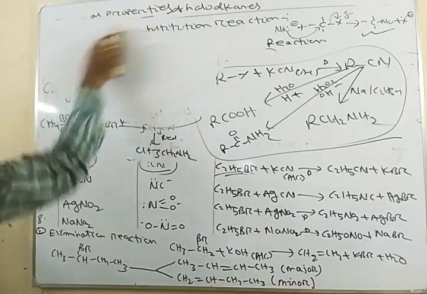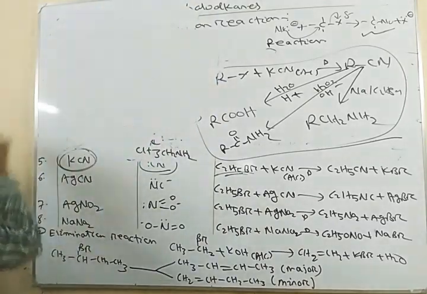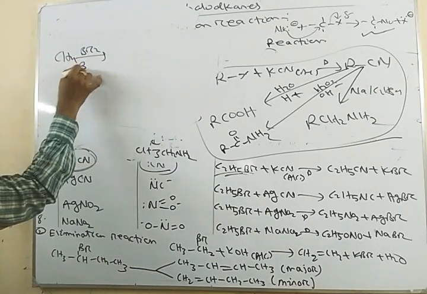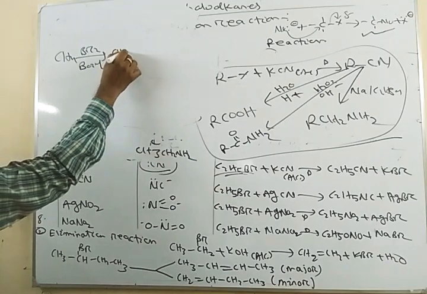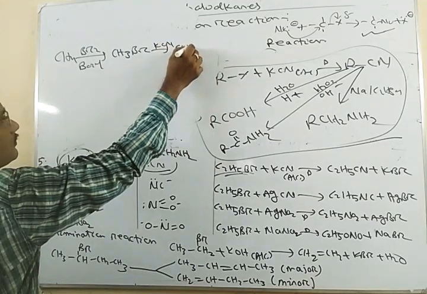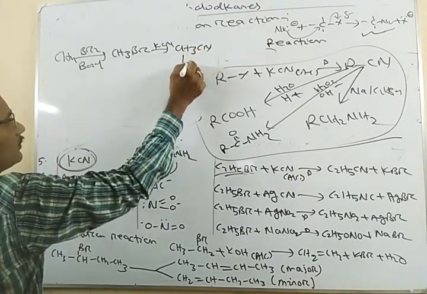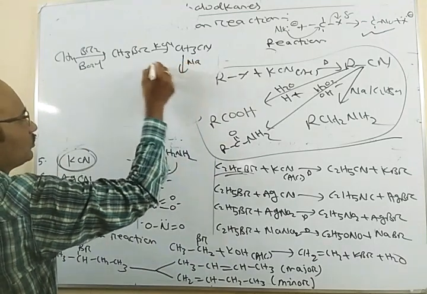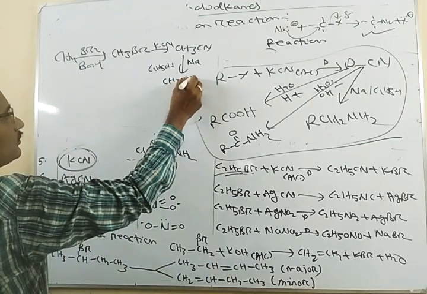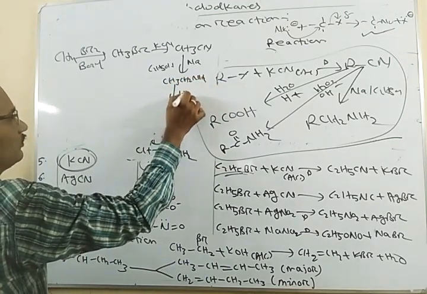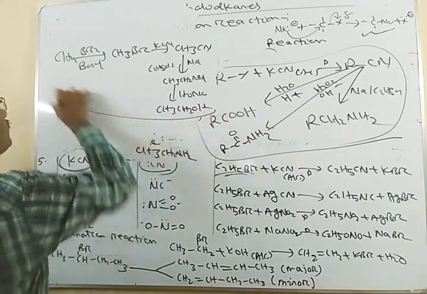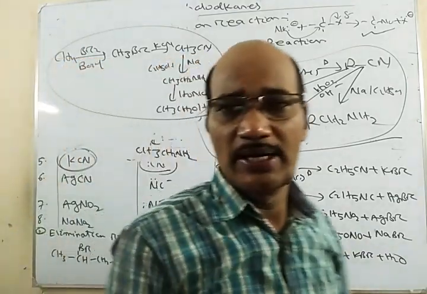So to convert methane into ethyl alcohol: methane CH4, Br2 and light gives CH3Br, and KCN gives CH3CN, then reduction with sodium and alcohol gives CH3CH2NH2, then HONO gives CH3CH2OH. So methane can be converted into ethyl alcohol.